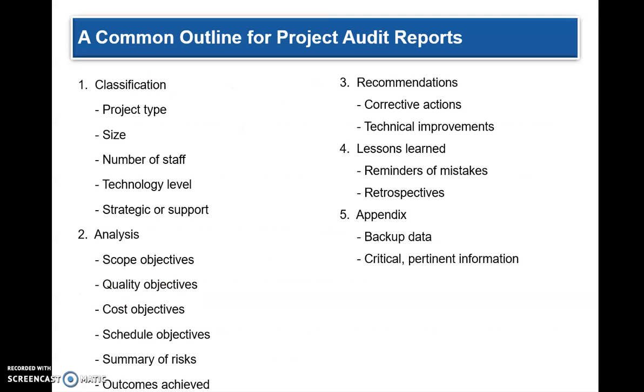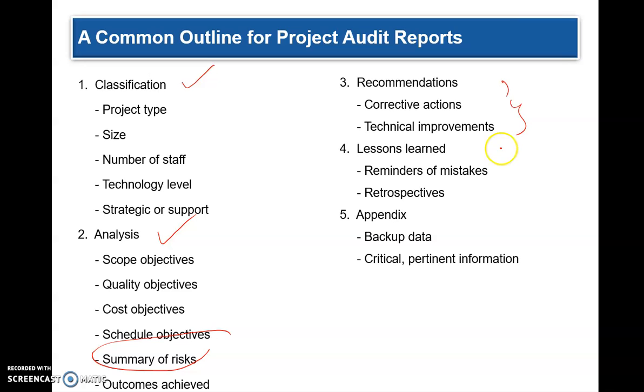So this is the outline for the project audit reports. You have a classification, the project type, size, and all that. You have the analysis, including the scope objectives and cost and quality and schedule objectives, and the summary of all the risks and the outcomes that have been achieved, and what kind of recommendations there are, the corrective actions, and any other technical improvements that need to be done.